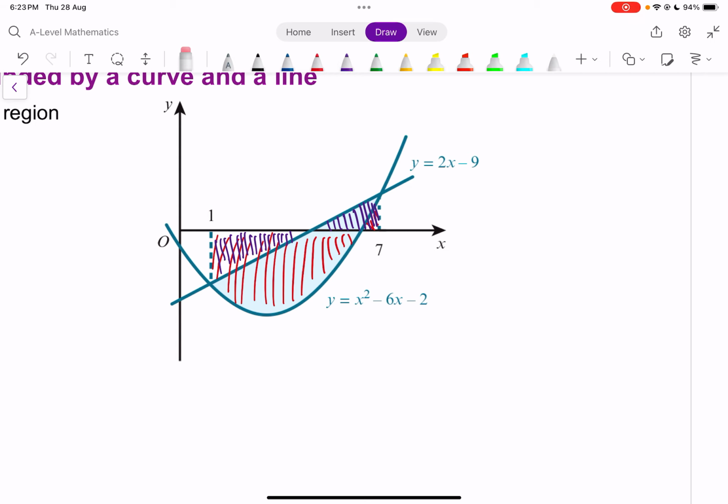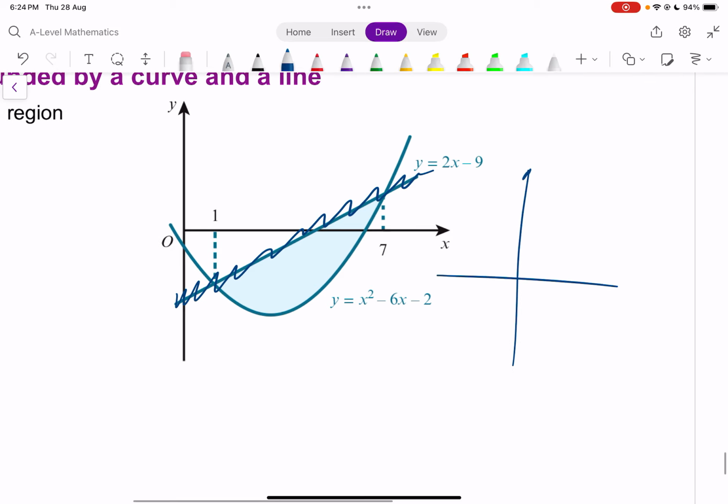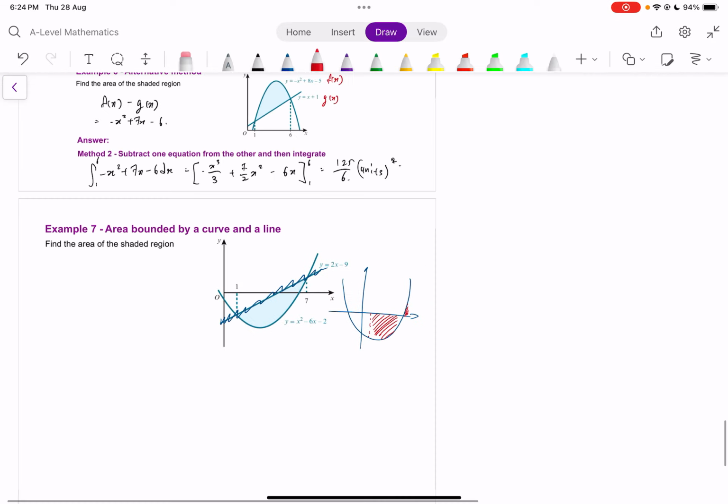This minus this. If I don't have this one, the area bounded here, from between 1 and 7, would have been here, and it would have been here.